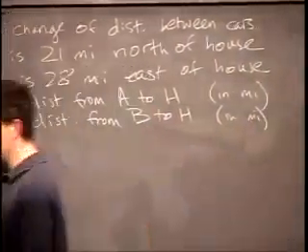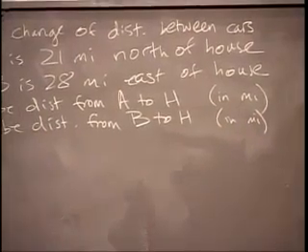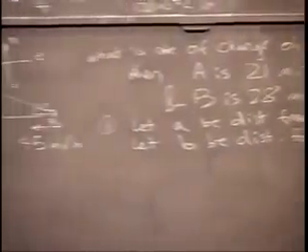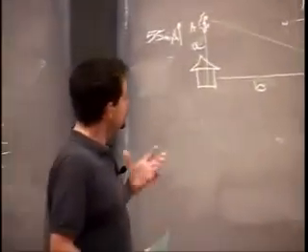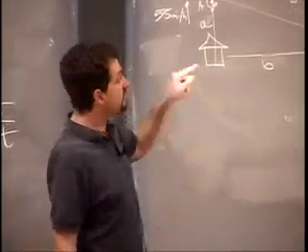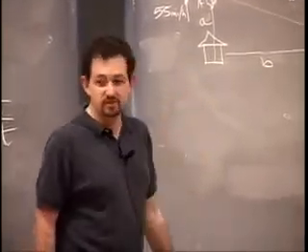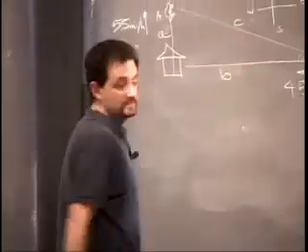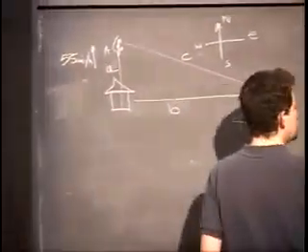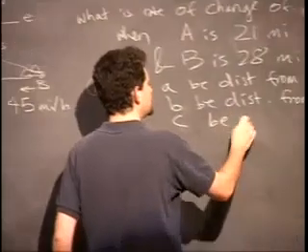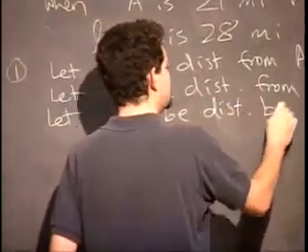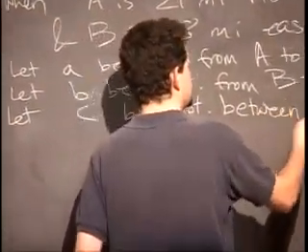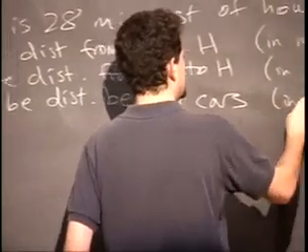So those are two reasonable quantities that are genuinely changing. But there's another quantity that we need to identify, because the question says, what is the rate of change of the distance between the cars? So we'd better call that something, C, say. So let C be the distance between the cars. And again, everything is in miles.